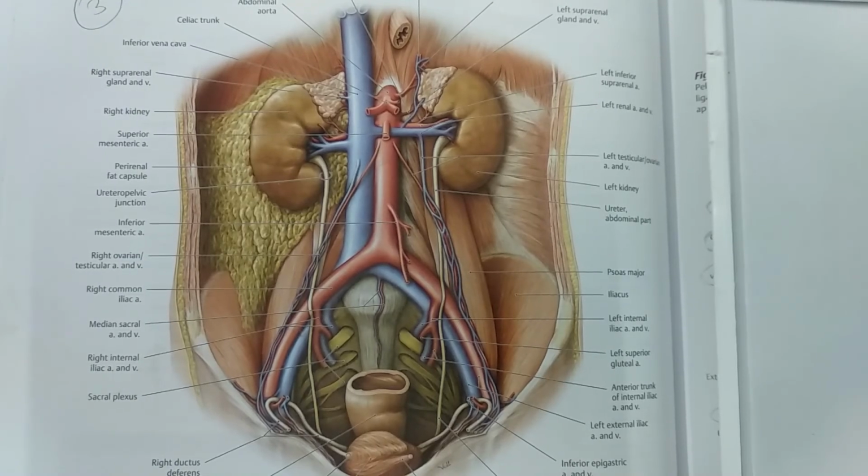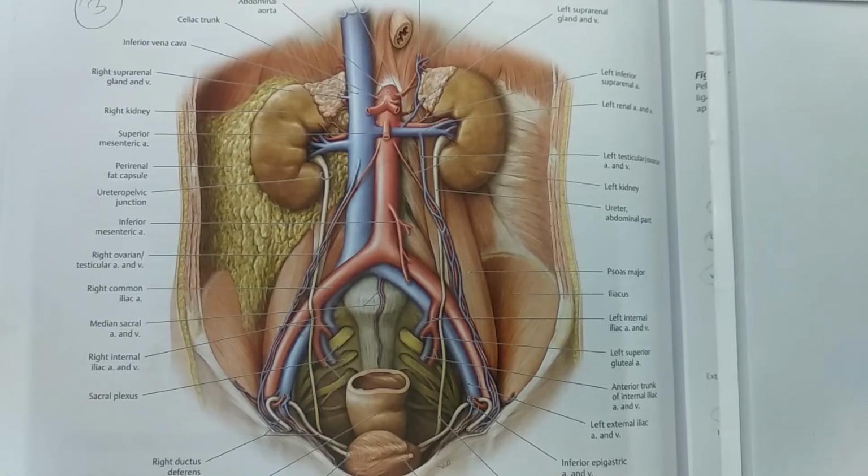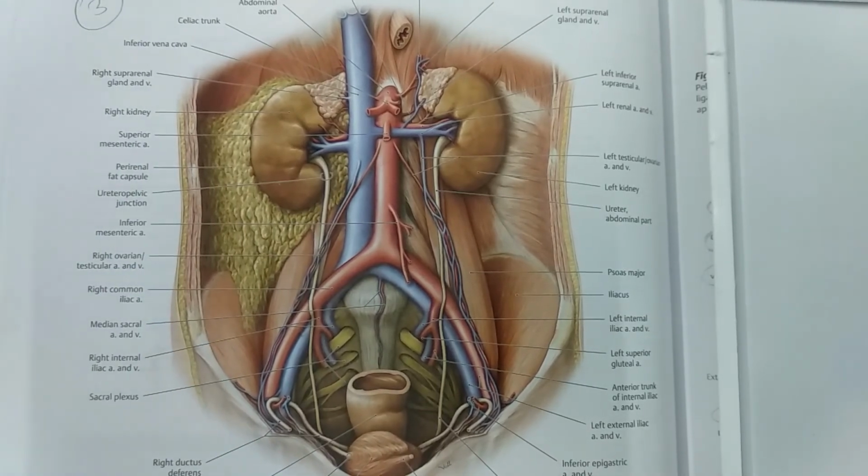Now come to the last portion: what are the factors which prevent the reflux of urine from the bladder to the ureters? There are 4 factors. The first one is the oblique direction of the intravesical part of the ureter.